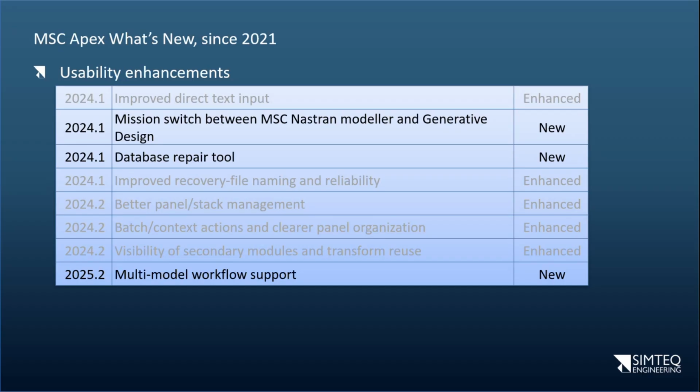That's also for the user experience. And then the visibility of secondary modules and transform reuse. And then lastly, multi-model workflow support. So now you can have multiple models in a single model or Apex project. And that was added in the 25.2 release.